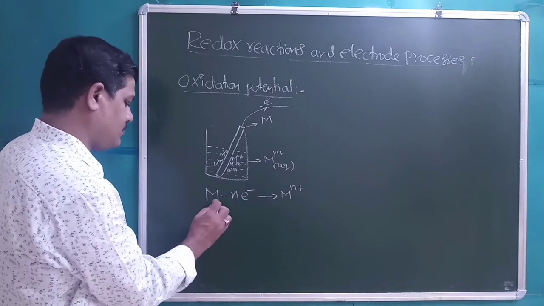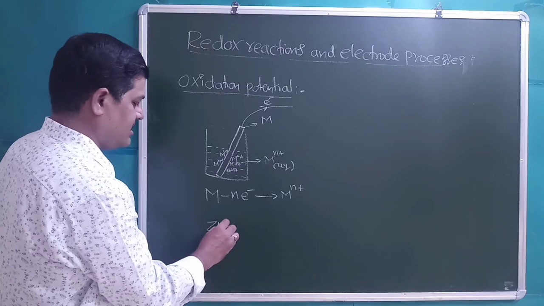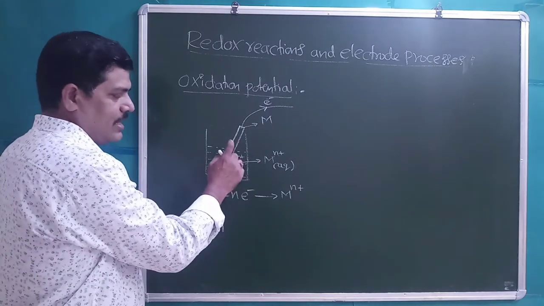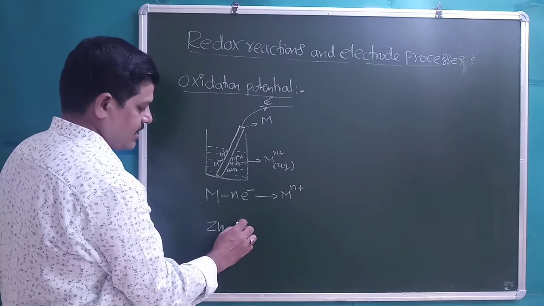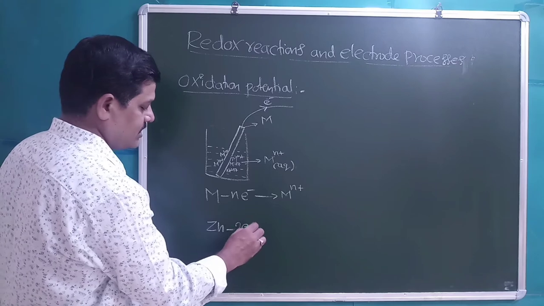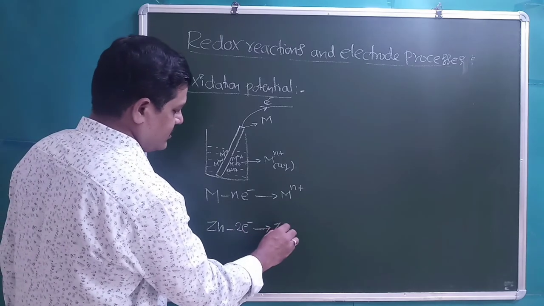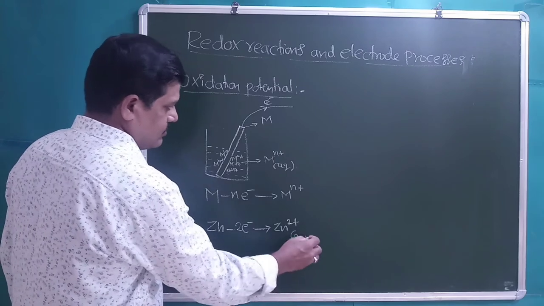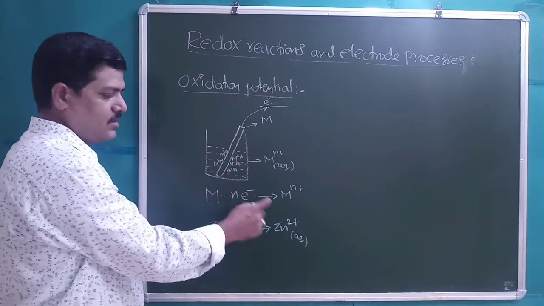Similarly, students, if a zinc metal is immersed in a solution which contains Zn2+, the metal has a natural tendency of undergoing oxidation. It loses 2 electrons and converts into Zn2+ aqueous. So some part of the metal rod dissolves in the solution.